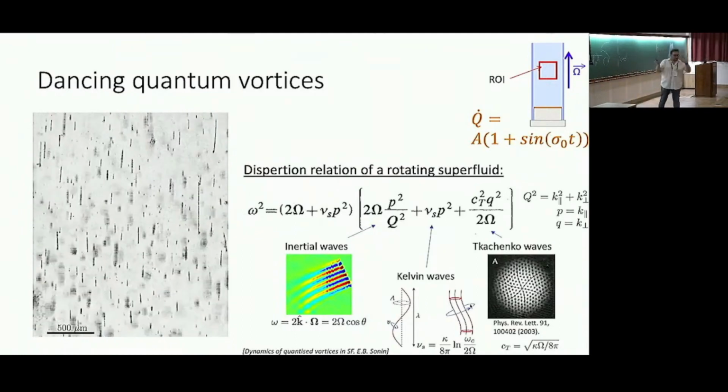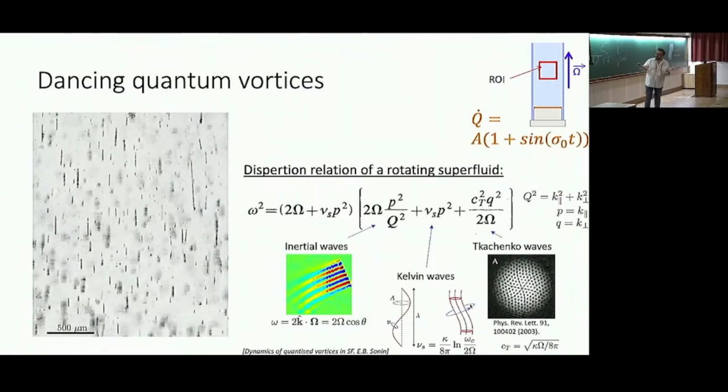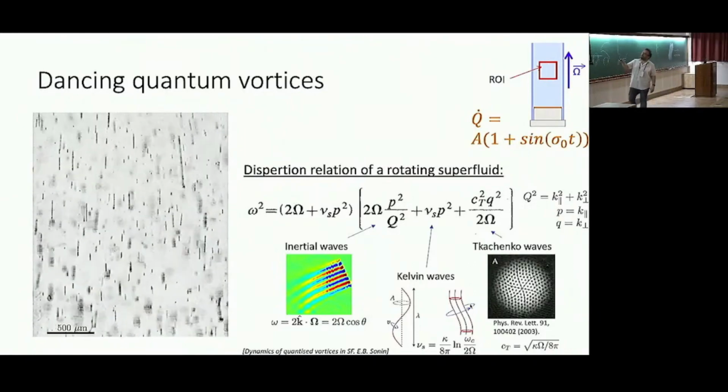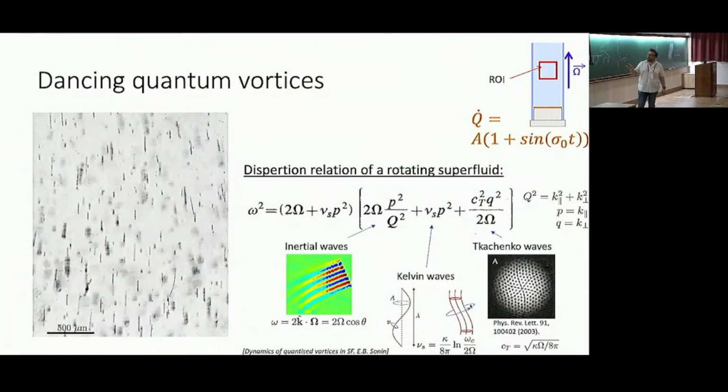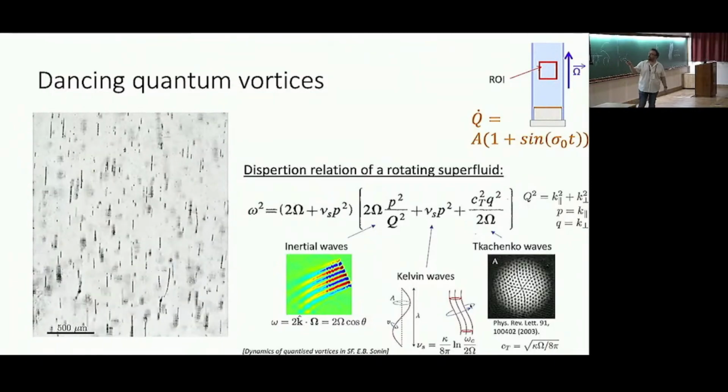This will be my biggest equation, but I will only talk about the drawings. If you search the dispersion relation of a wave in such a system, you will find that there should be three main components. Inertial waves, which happen in normal fluid when it's spinning, okay, which is a very peculiar kind of wave. For instance, the group velocity is orthogonal to the phase velocity. I mean, lots of funny things like this.